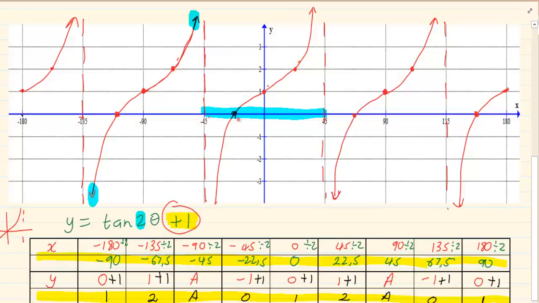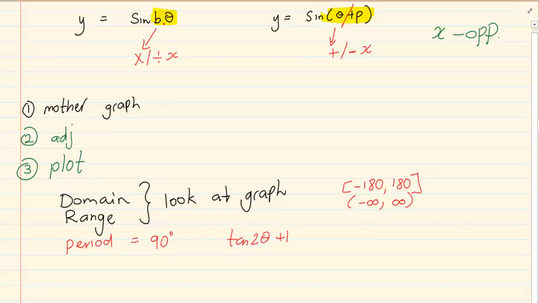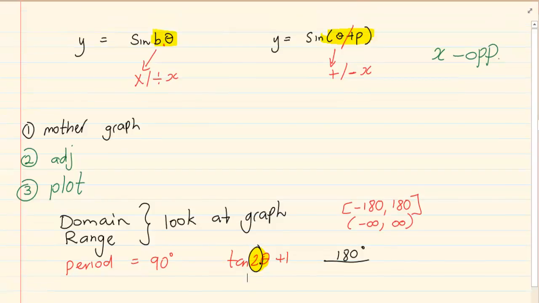Now we've discussed this. You can see it's moving from minus 45 to 45, which gives you a total of 90. Now look at what we did. We know it is tan 2 theta plus 1. If you look at this, the original of a tan is 180 degrees. Then we are going to divide it by the 2 because the relationship is multiply.